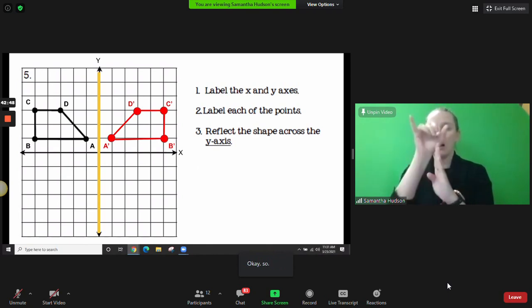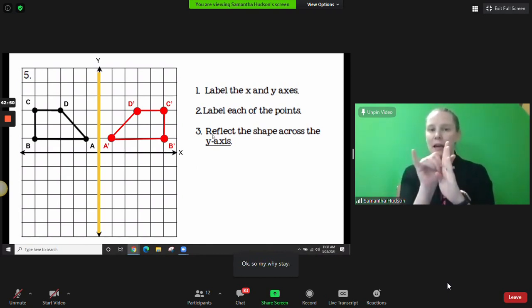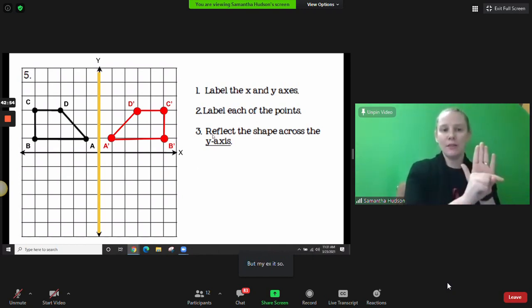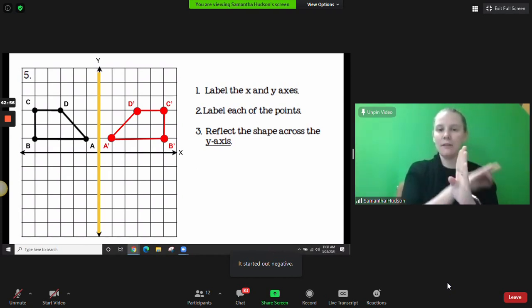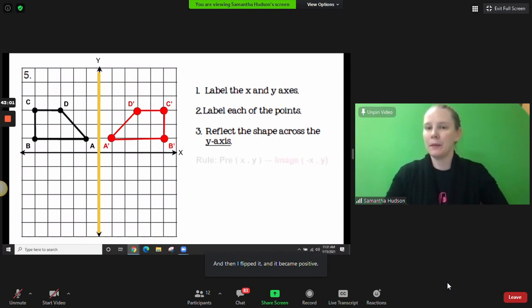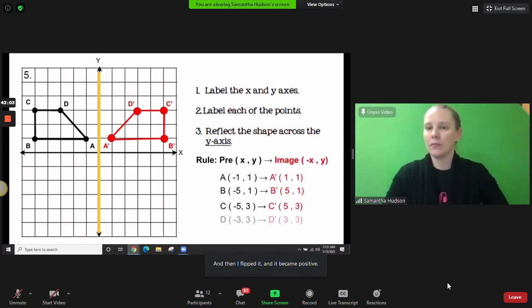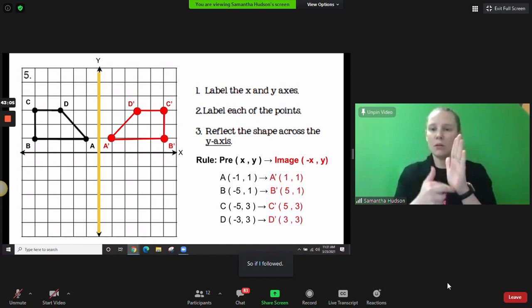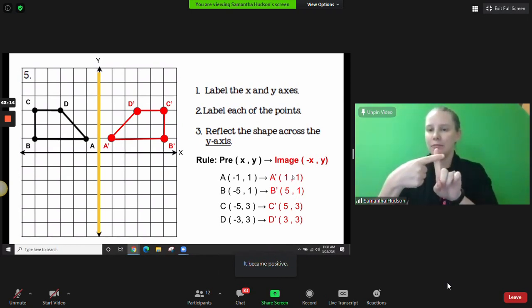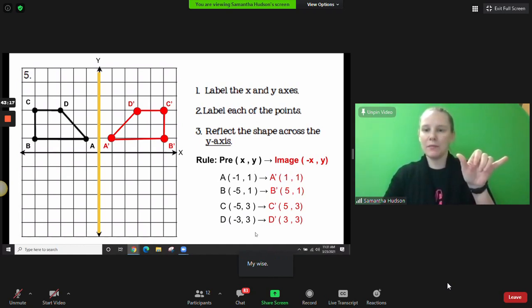Okay, so my y stayed the same, but my x, it started out negative, and then I flipped it, and it became positive. So if I follow the rule, my x became the opposite. It became positive. My y's stayed the same.